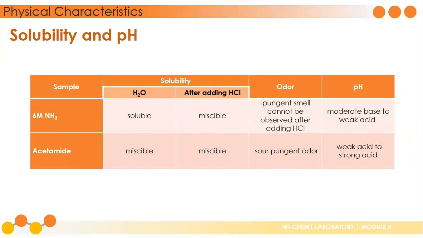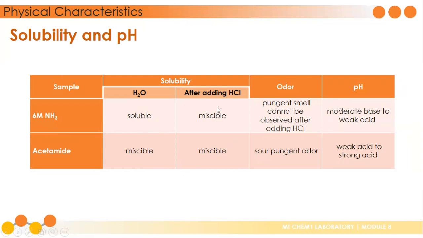For the odor, for ammonia, the pungent smell cannot be observed after adding HCl. Though there is still a slight hint of the foul smell, it is not as strong as the solution before adding the hydrochloric acid. For acetamide, on the other hand, a strong pungent odor is notable upon mixing with hydrochloric acid.